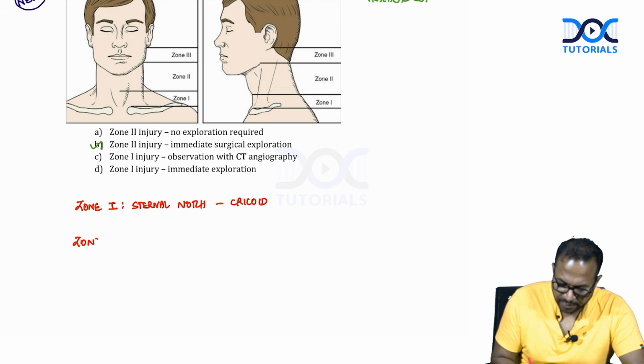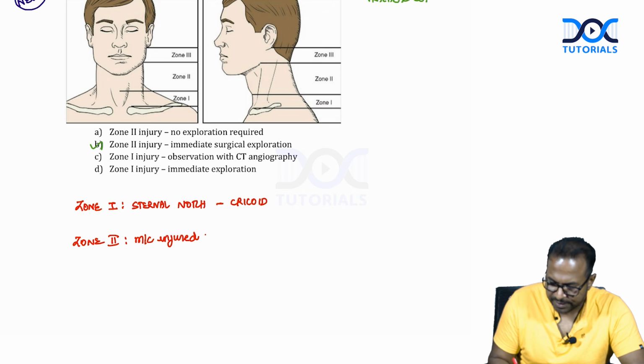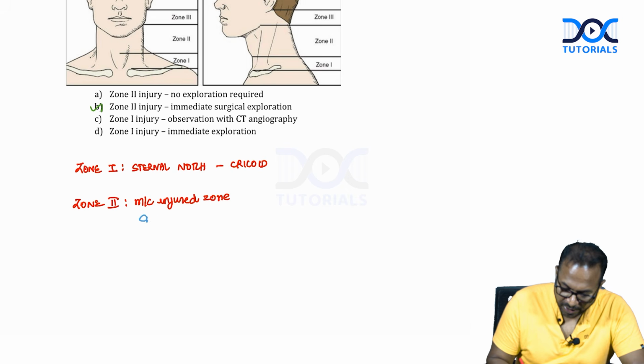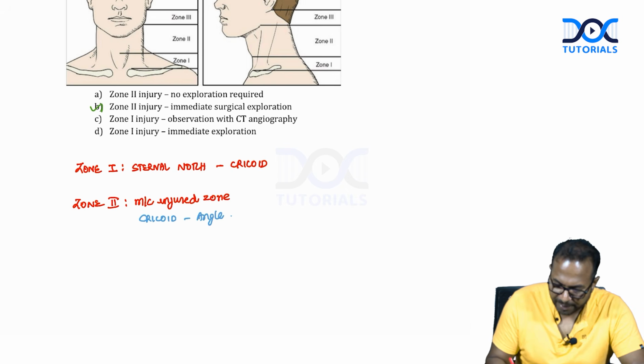Zone 2 is the most commonly injured zone in penetrating trauma. Here, please remember, it is from cricoid to angle of mandible. This is a new question in FMGE exam, no doubt.